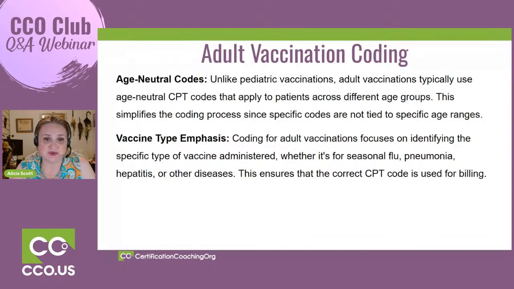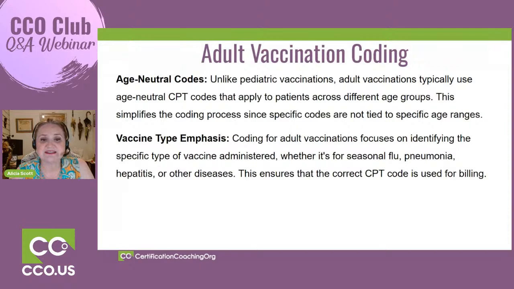They're age neutral. It doesn't matter what age the adult is getting the vaccine. It can be across the board from 18 on. It just simplifies everything to not have to be tied down to a specific age range like pediatric vaccinations.